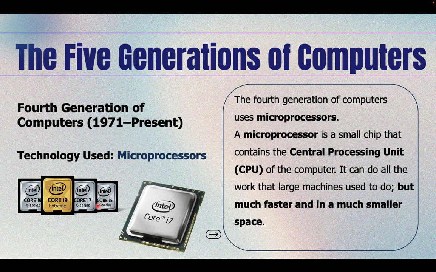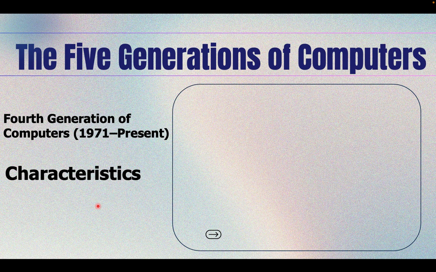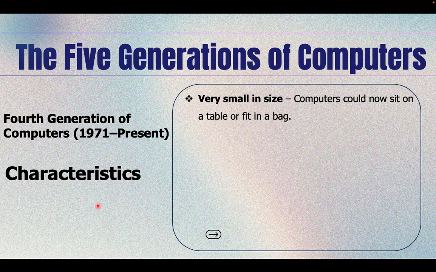We will talk about that in another discussion. But as much as the CPU is concerned, that is the brain of the computer, and they are faster and then smaller in space as compared to the previous generations.